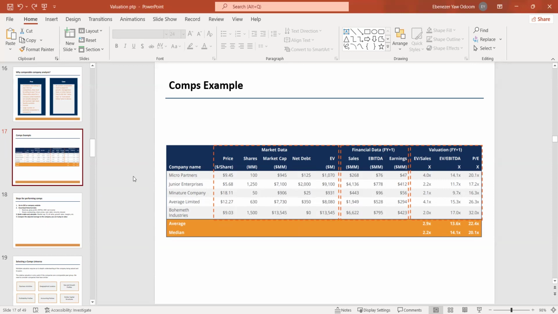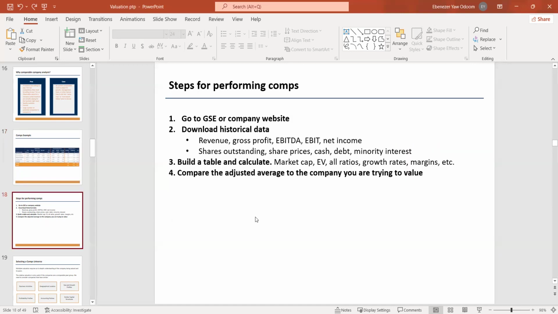So after here, I expect that we all get to the market, try to pick the financial statements of similar firms, combine them, and compute some of these valuation metrics. So first of all, you have to go to the GSE or the company's website, where you can find historical financial data. On the GSE website, you can find the share prices, the shares outstanding, and all of that.